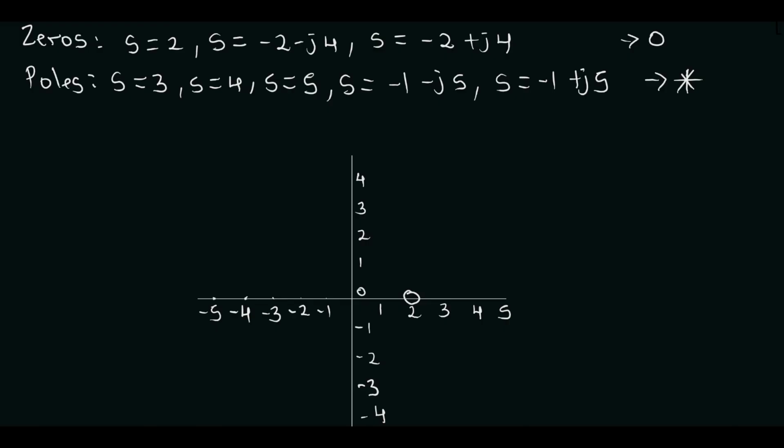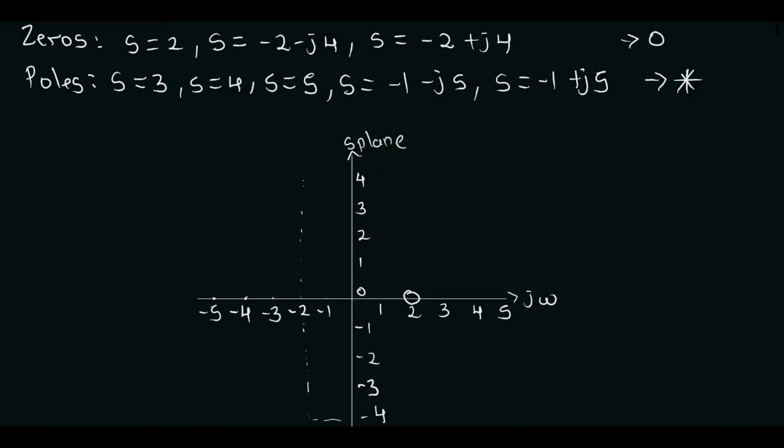So this is your s-plane. This is your imaginary axis, your omega. So we have minus 2 minus j4, we trace it up, trace it down, minus 2.